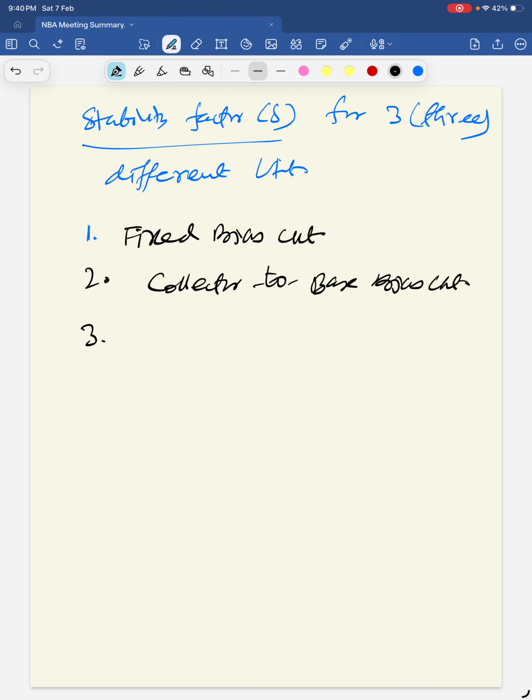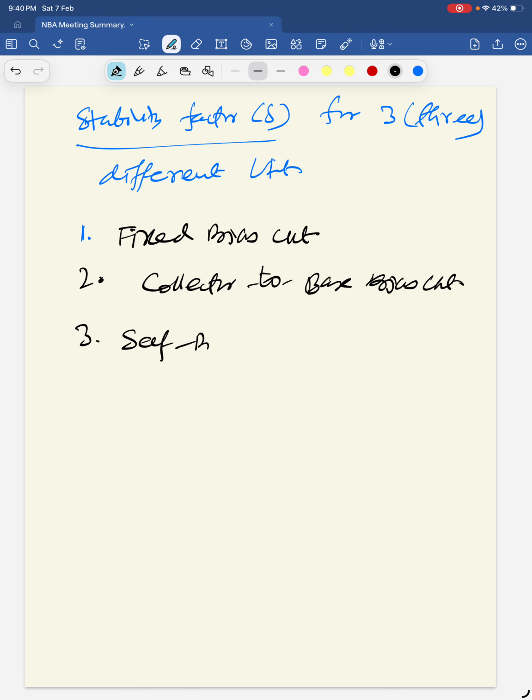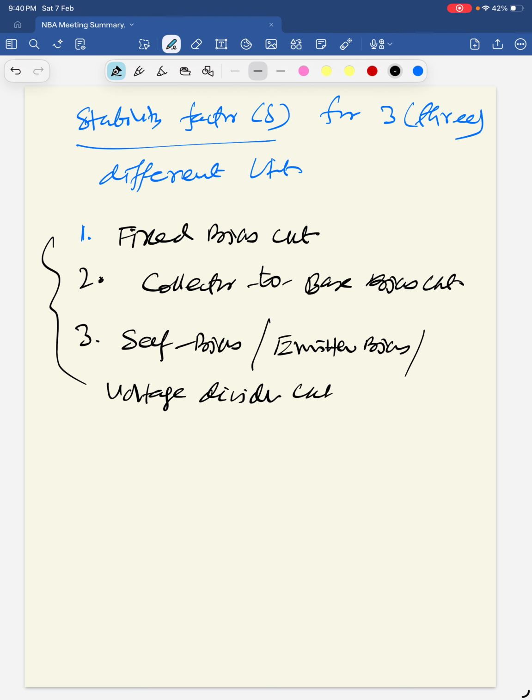Number 3 is potential divider circuit, self bias or emitter bias or voltage divider or potential divider circuit. For these three, first we will consider fixed bias circuit. So let us first draw the fixed bias circuit.